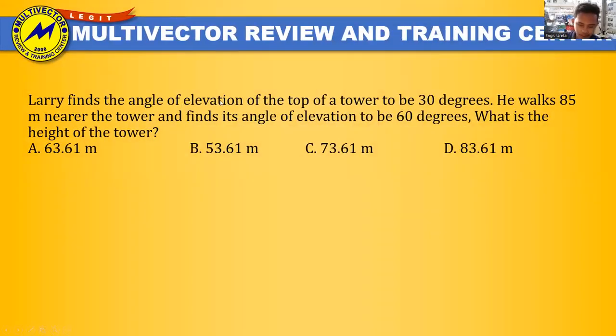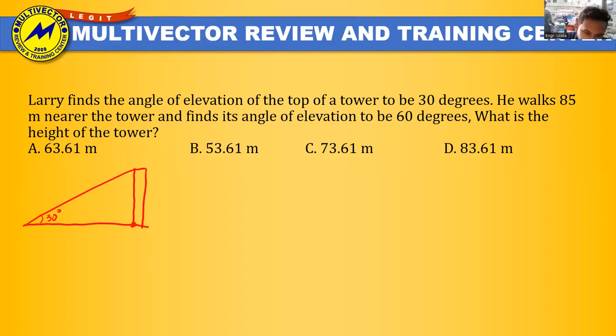Okay, ito yung problem natin. So Larry, meron daw tayong tower. Yung tower natin, ito yan. Larry finds the angle of elevation of the top of the tower to be 30 degrees. Sabi, he walks 85 meter nearer to the tower.